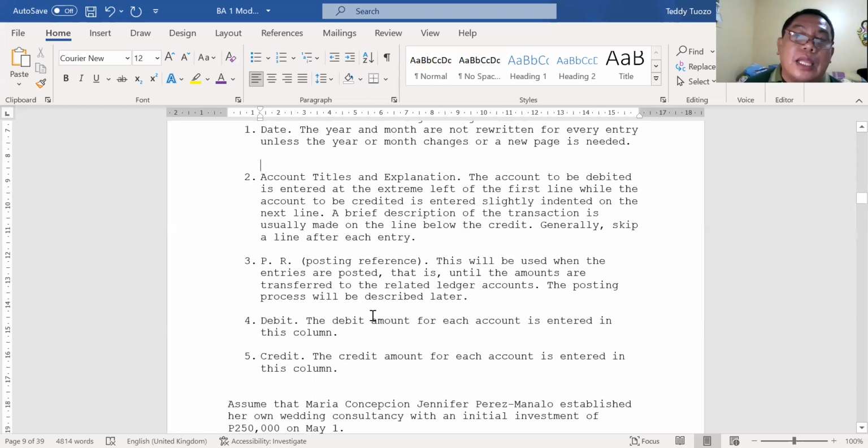So the posting reference, when you record this to the general ledger, is the page number where that account is posted in your general ledger. The debit amount and the credit amount are also recorded. So that is the format.